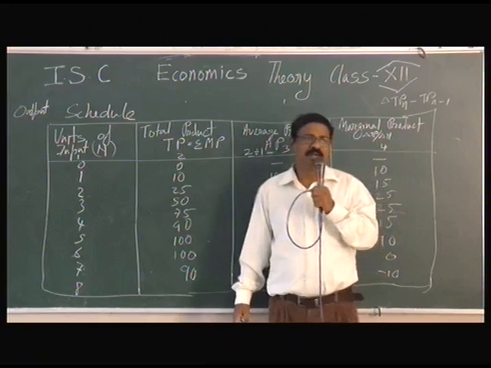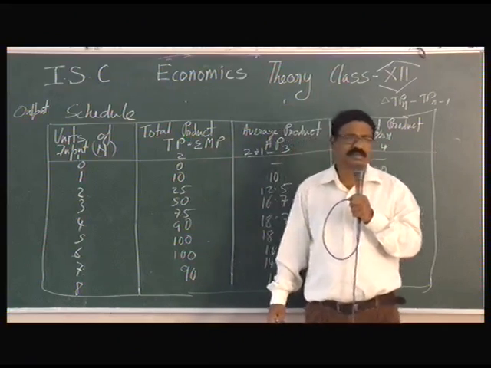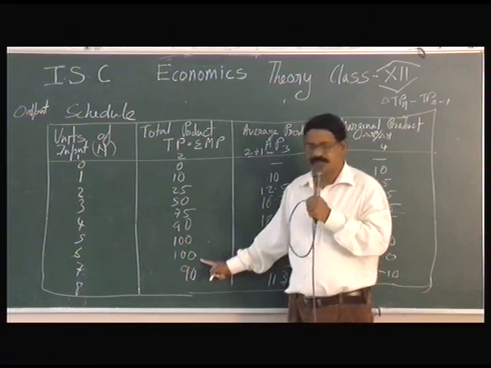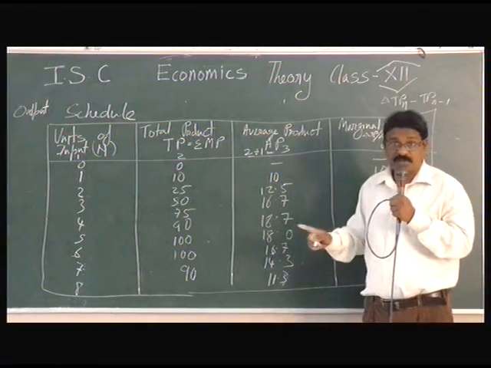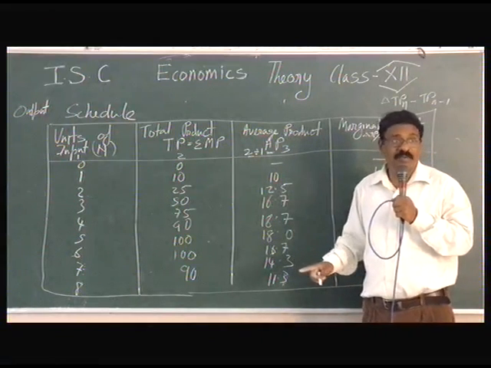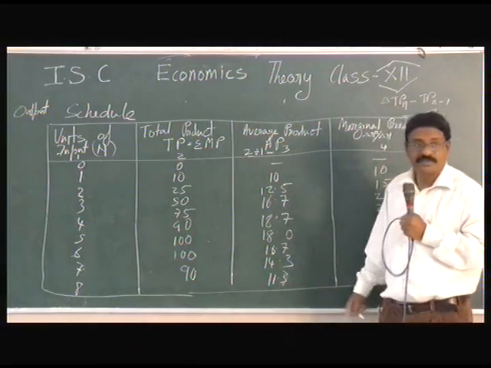Maybe the machine is not available to him. May indulge in labor problems. Whatever it is, the total output has not increased with the seventh labor. Average falls because total output has not increased, but the number of labors has increased. The denominator has increased by 1. Therefore, the average falls from 16.7 to 14.3.